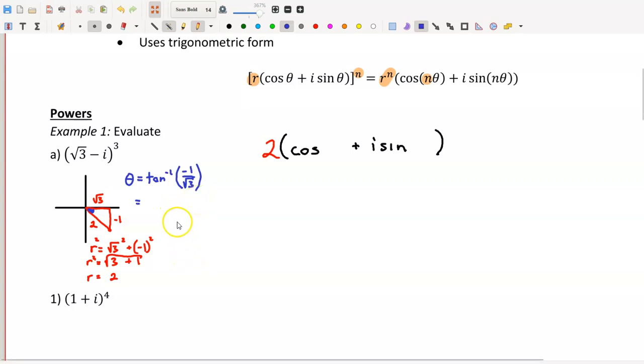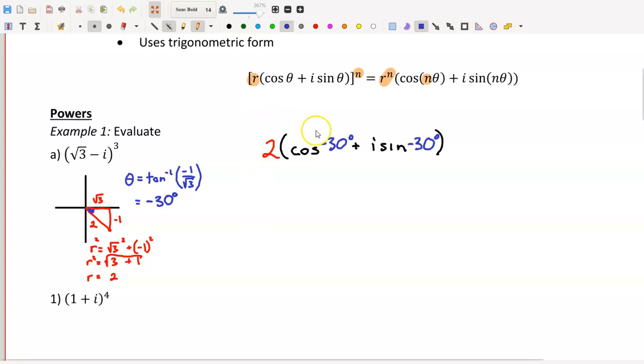So yeah, -30 we get, negative 30 degrees for both. You could do this in radians as well, like negative pi over 6. It wouldn't be wrong. That's fine.